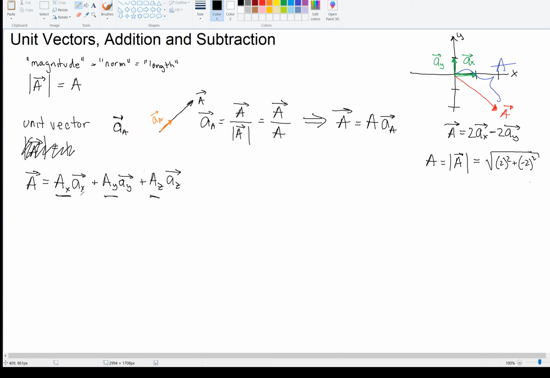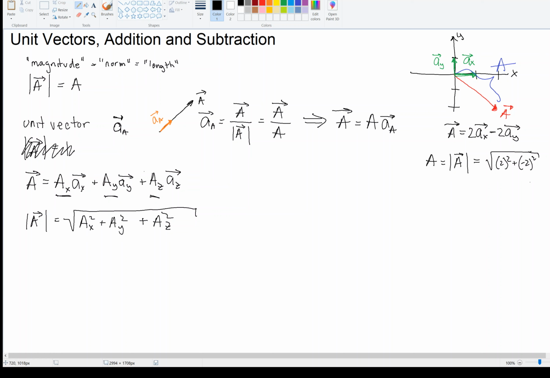In general, coming back over here, the length of A is the square root of the sum of each component squared. Right? This would be the length of any vector with components Ax, Ay, and Az.